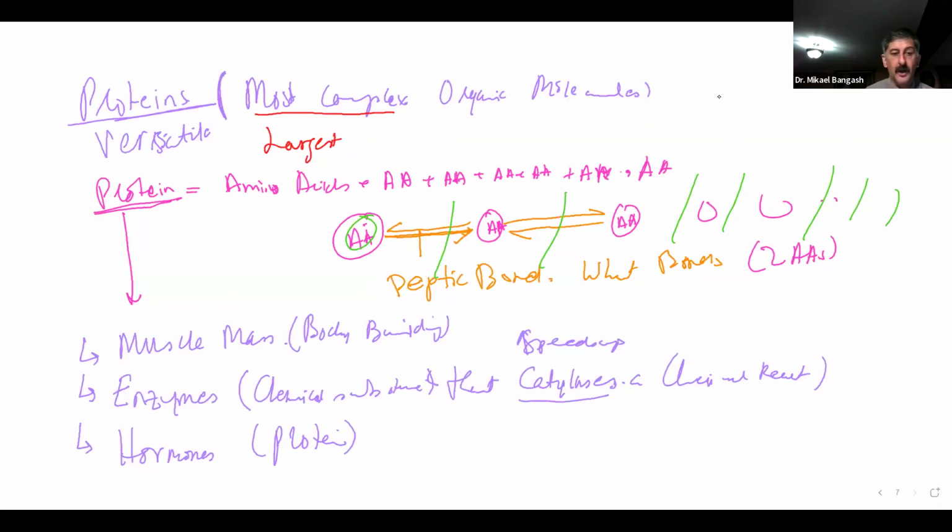So the vast majority of your enzymes and hormones, chemically, are protein by nature. And what does it mean to be protein in nature? They are made up of a longer or shorter chain of individual building blocks called amino acids.